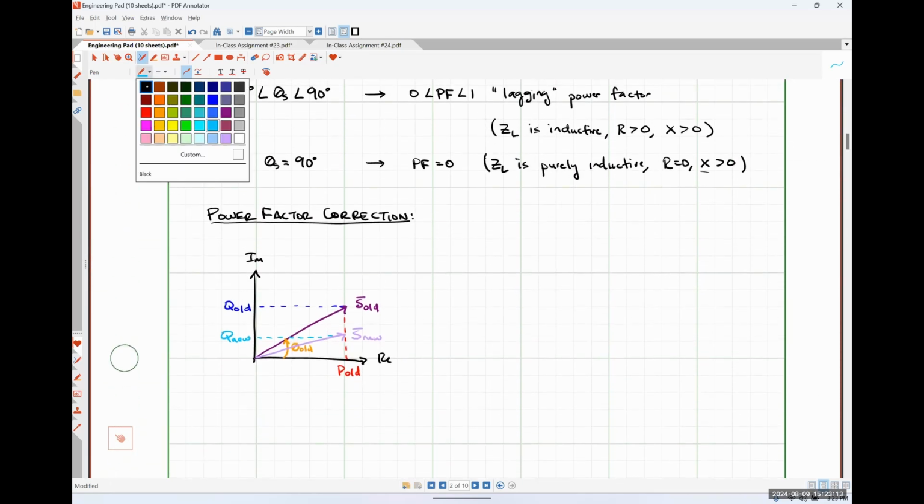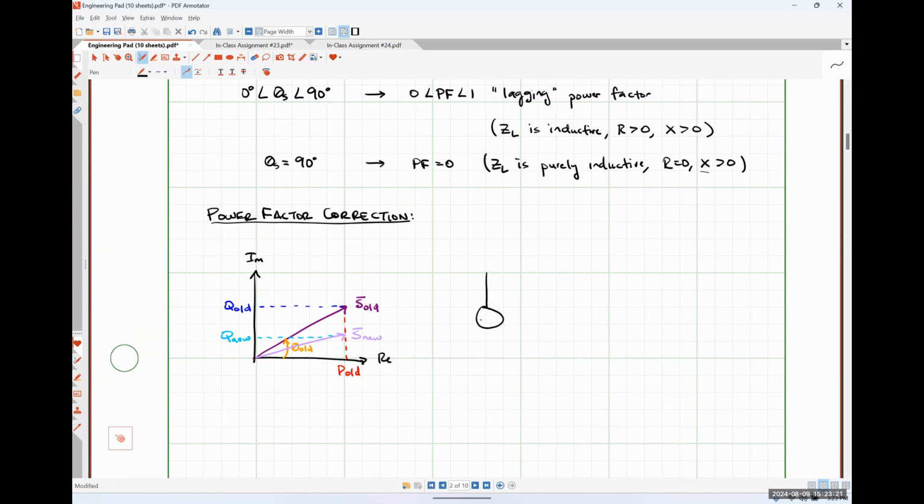So if this particular diagram corresponded to a system like this, where we have some source voltage Vs supplying power to an inductive motor, we would literally correct the power factor by placing some capacitance C in parallel with our voltage source.